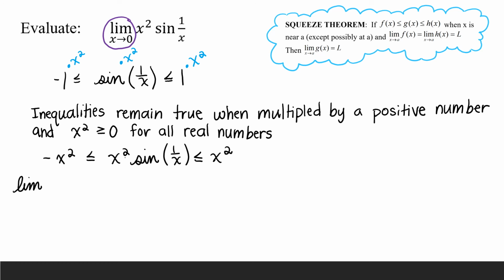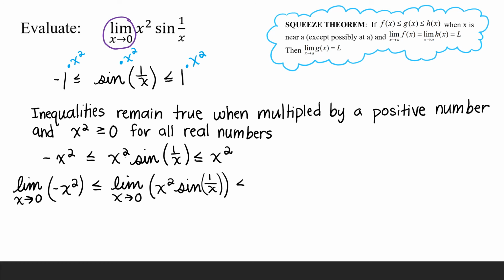So we have the limit as x approaches 0 of negative x squared is less than or equal to the limit as x approaches 0 of x squared times sine of 1 over x, which is less than or equal to the limit as x approaches 0 of x squared. We can then evaluate the limits of our outside functions because they're polynomials and 0 is inside their domain.